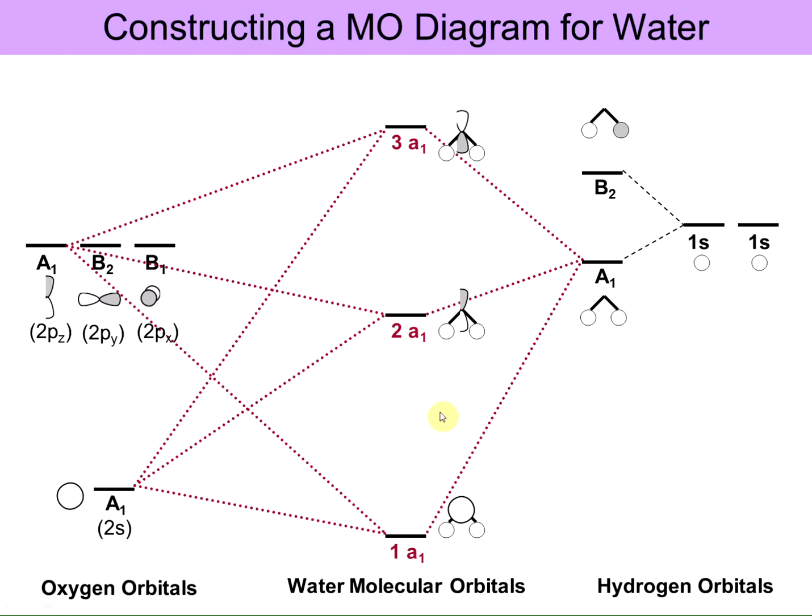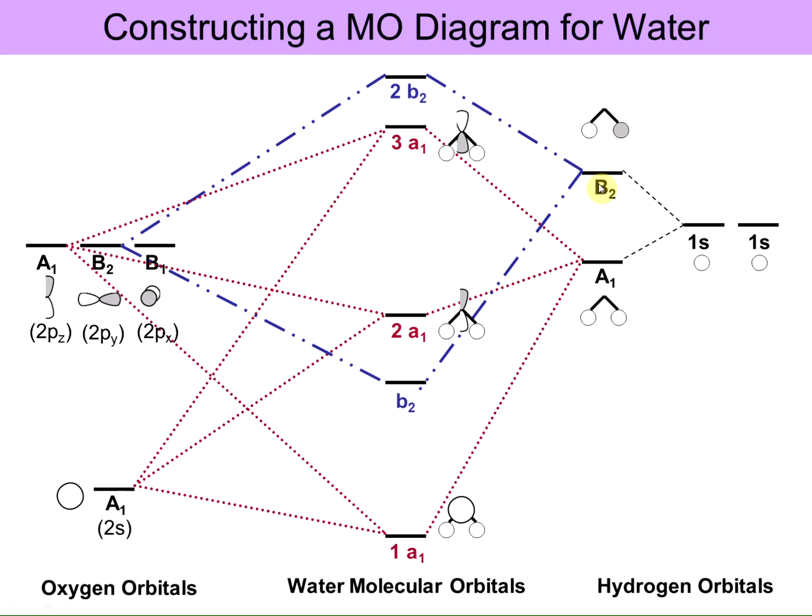Now I can look at my other orbitals I have left. So I'm going to combine my B2s. I have one here lower in energy for my bonding, one up higher for my anti-bonding. So these are the ones that are coming together to make my molecular orbitals.